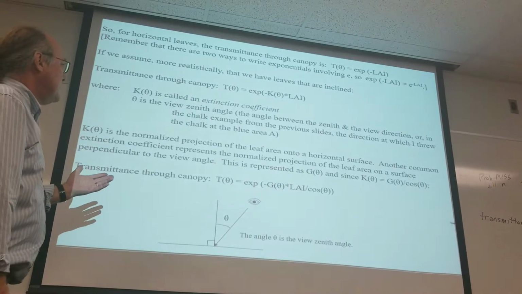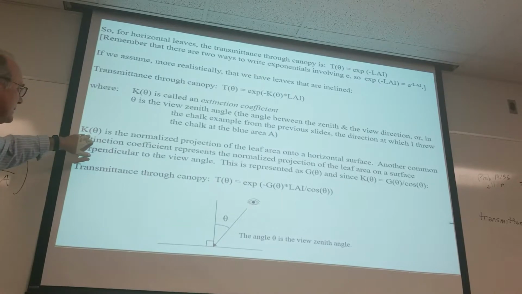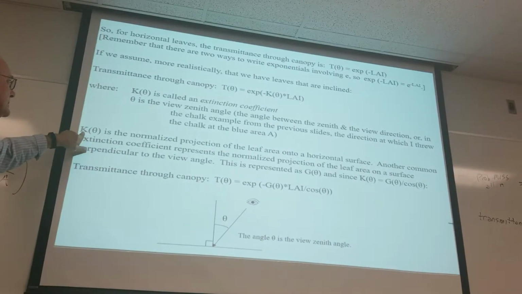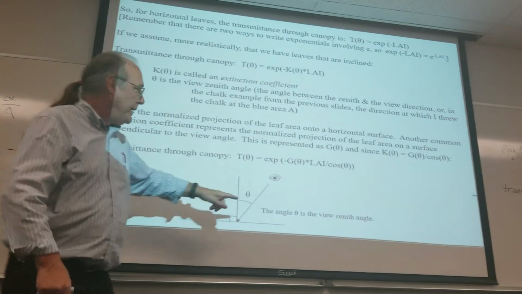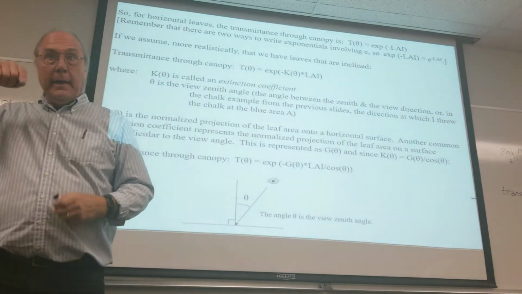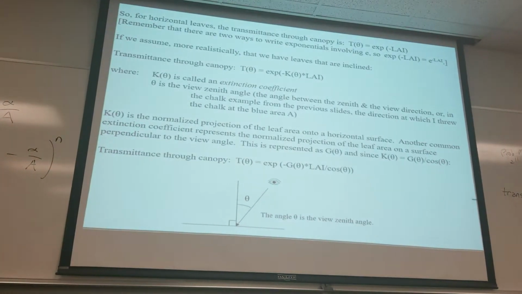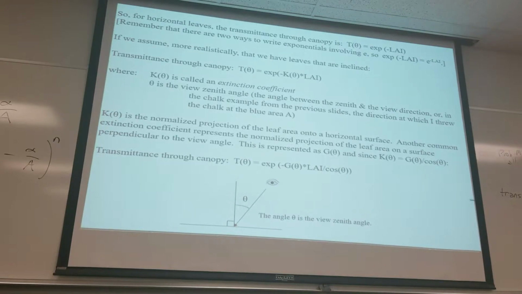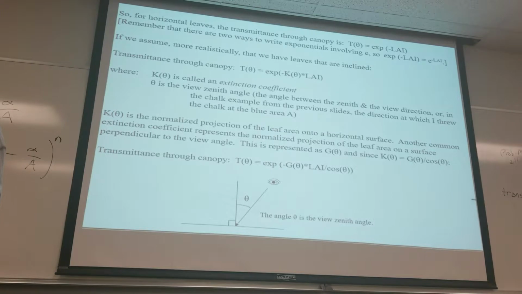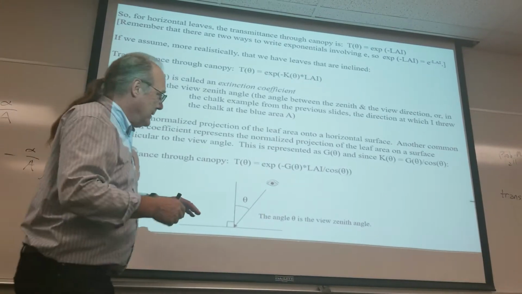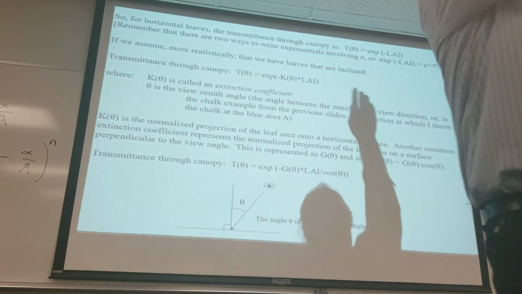So, in words, this k of theta, so this is a function, right? K is a function of theta. What is theta? Theta is the angle at which I'm throwing this lid through the canopy. Or, if you're looking at a canopy, it's the view angle that you're looking at. And in fact, it's the angle relative to the zenith. So it's called the view zenith angle.